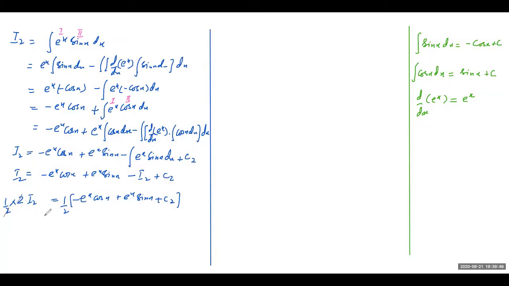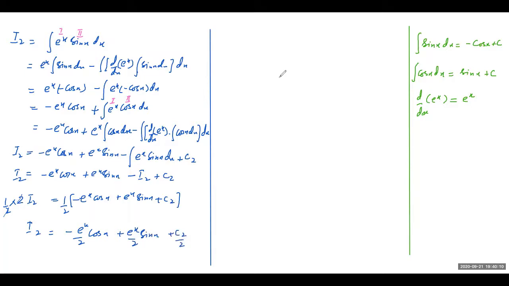These two got cancelled, and on the right hand side open up the bracket to see the value of I2, and the value of I2 becomes minus e^x by 2 cos x plus e^x by 2 sin x plus C2 by 2.